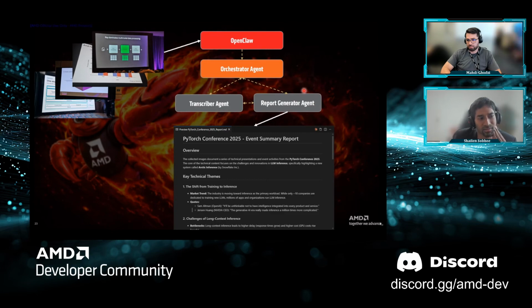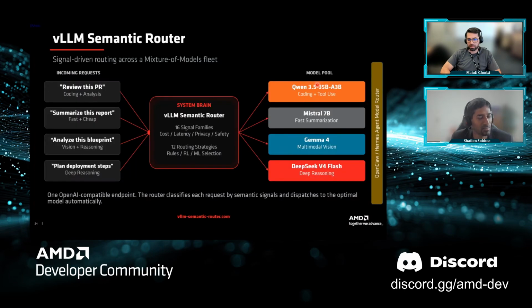How would you then do that in the real world? I think that a tool like this, the vLLM semantic router, could be extremely useful in solving this multi-agent, multi-model problem. For instance, you have one type of content, review this PR.